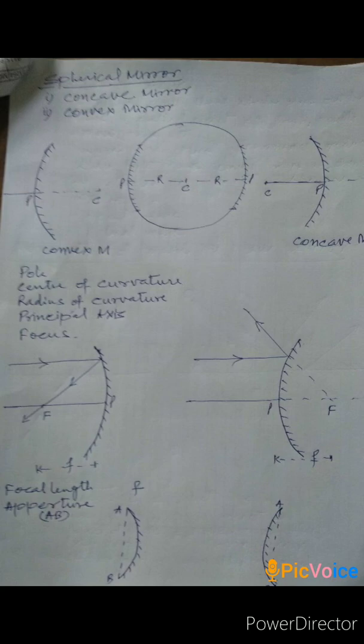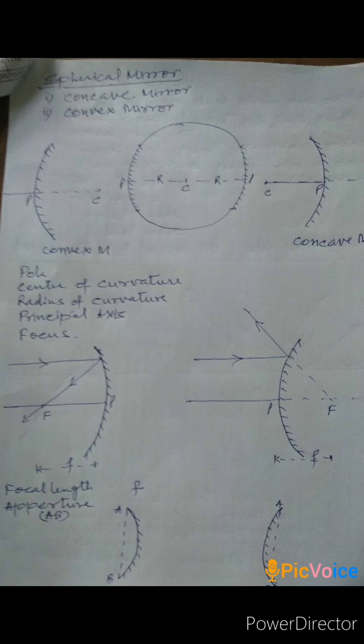All the distances are measured from this pole and it acts as the origin. Now the second term is center of curvature, the center of the sphere of which the mirror is a part.